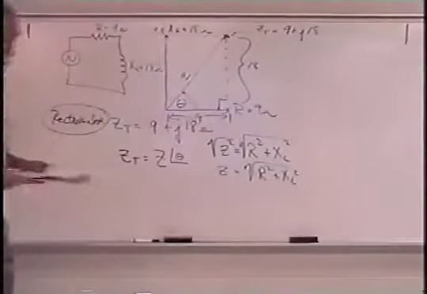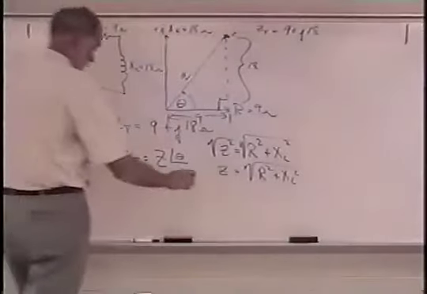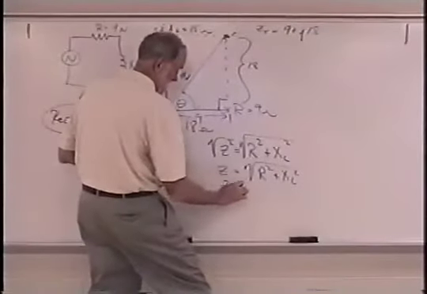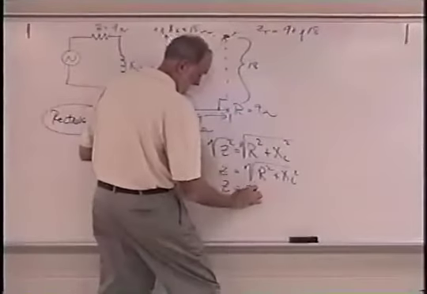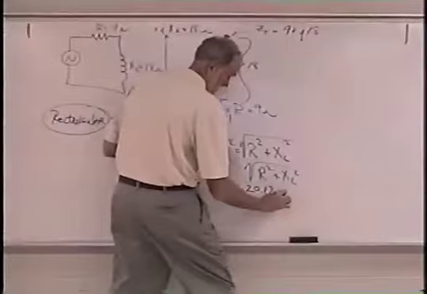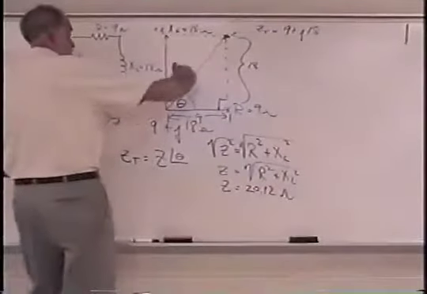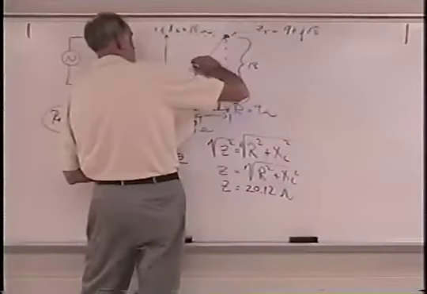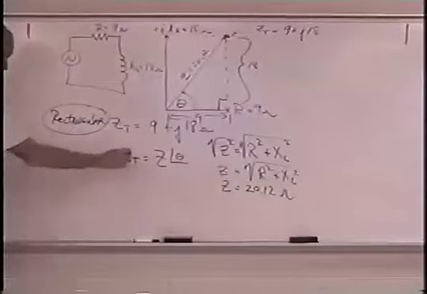Now, you should be able to do that mathematics. When you do that, you get that Z is equal to 20.12 units long. So this is 20.12.